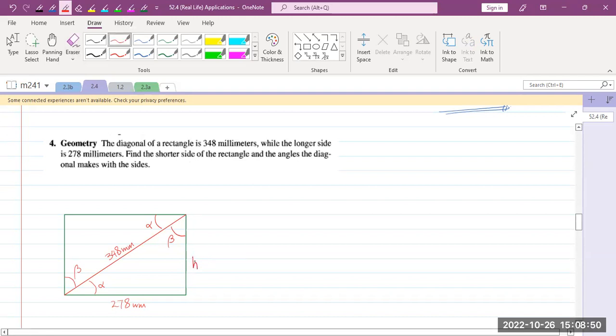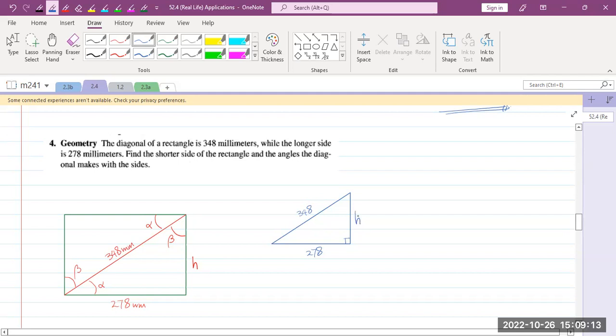Now if we redraw this, notice that we actually have a right triangle this way, right? We have a right angle here. This is 348 for the hypotenuse, 278 for one of the legs, and this is the height, right?